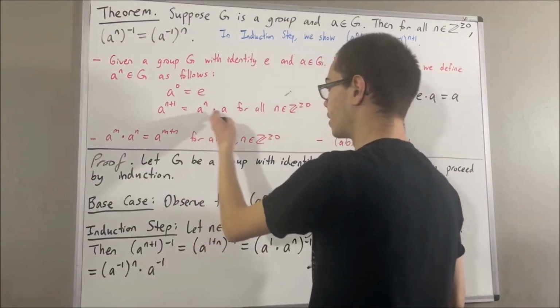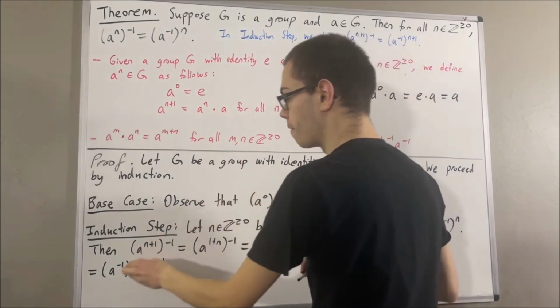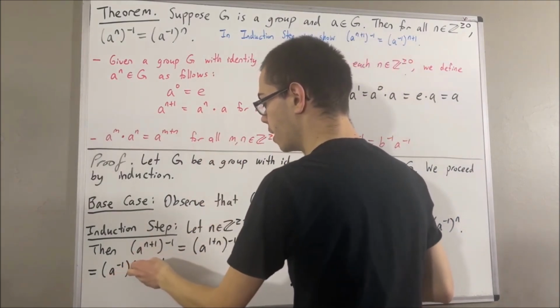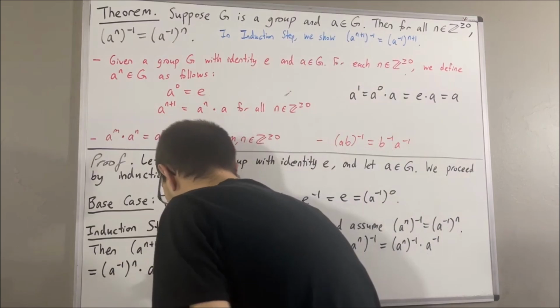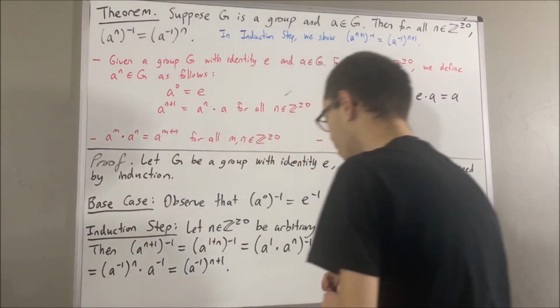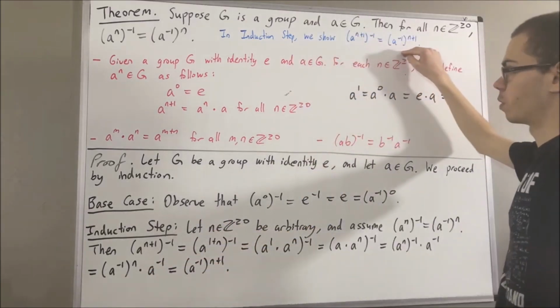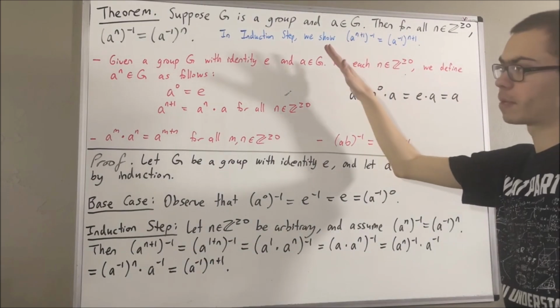But then, applying the definition, if we replace A with the inverse of A, then we have the inverse of A to the power of n times the inverse of A is equal to the inverse of A to the power of n plus 1. And so through this chain of equalities, we have shown that these two are equal. So this completes the induction step.